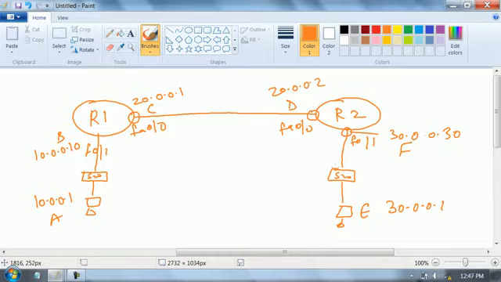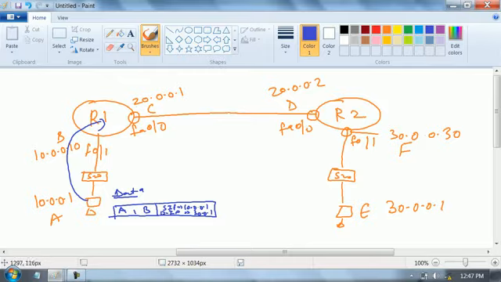Any issue? Topology is clear? Now guys, if I talk about flow, data will start from here. I will draw my data. Source IP will be, destination IP will be, source MAC will be, destination will be B. Agree? Data will be received by the router.